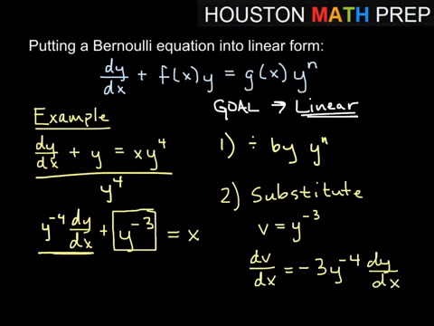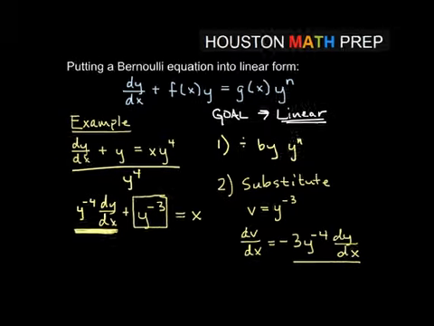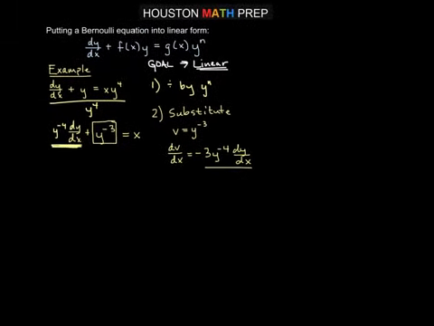Okay, so now what we have here is just simply a multiple of what we needed, and also to get rid of the remaining y's. So now if I want directly a substitution for this y to the -4 dy/dx, I simply need to take this expression here and divide both sides by -3.